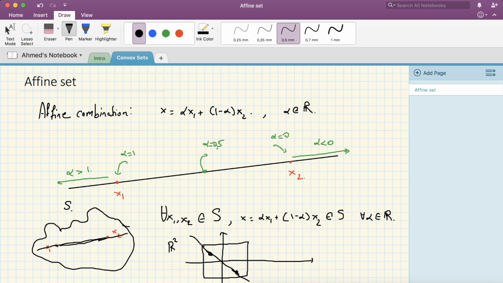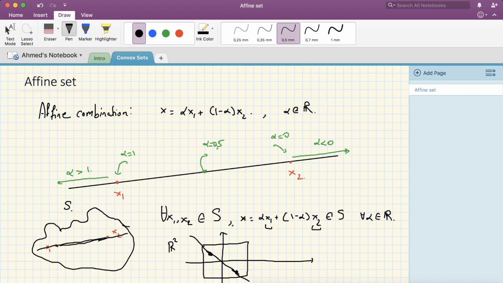Now, you can prove that the space R square is indeed an affine set, because if you grab any 2 points in R square and let a line pass through those 2 points, then any point on this line is in R square. If x1 is in R square and x2 is in R square, and you just scale those 2 points and add them, you're going to end up with a point in R square, not in R cube.